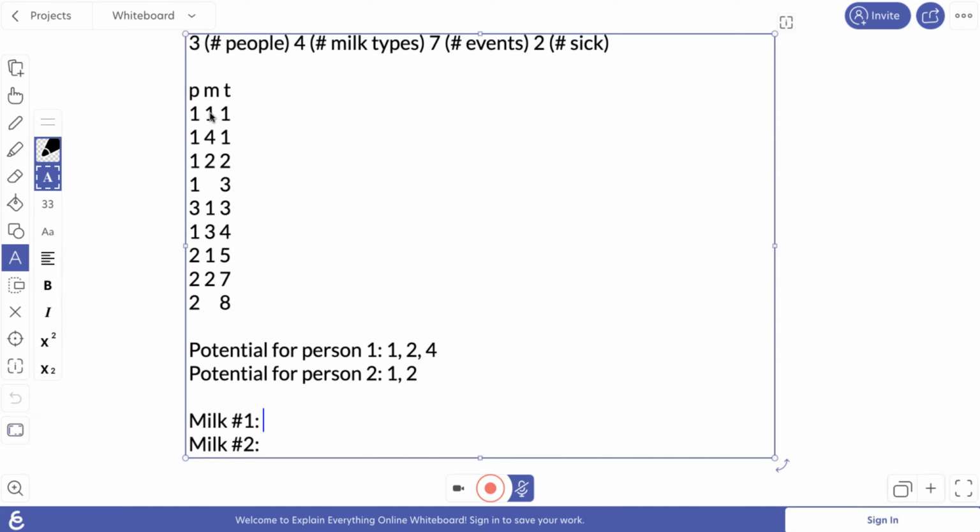So we have to go through the events and we see that person 1, 2, and 3 all drank milk number 1. And for milk number 2, person number 1 and 2 drank milk type 2. So all of these people are possible sick people.